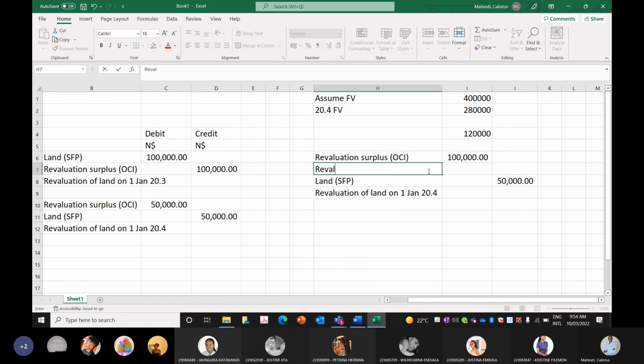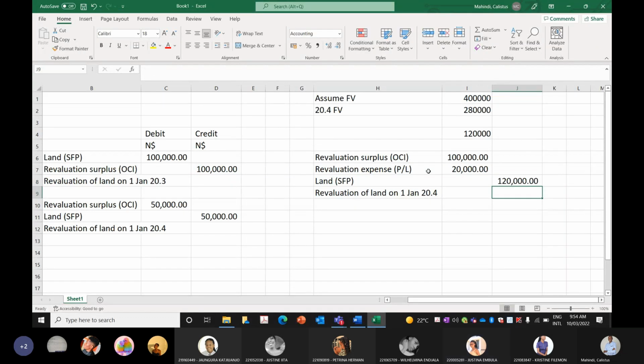This would now go to your profit or loss, that would be 20,000. And then your land would be 120,000 less.